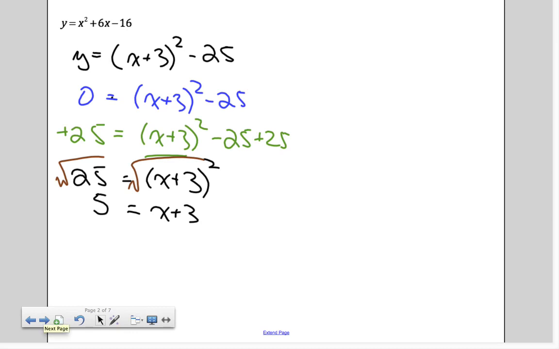So is 5 the only number you can multiply by itself to get 25? Also, yeah, negative 5. You also get negative 5, right? So when you take the square root of a number, there's always plus or minus that value. So it's really plus or minus 5, and that's how we write it. Okay?